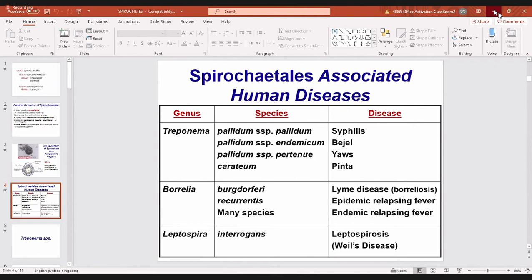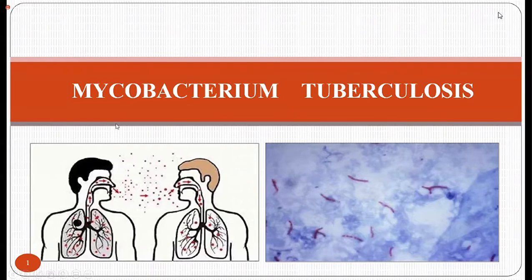Now, in relation to TB, as I mentioned last time, it is one of the diseases common in Middle East countries and in the Gulf, and we have a vaccine against TB, which we call BCG. As I mentioned last time, it is a live attenuated vaccine made from a bovine strain of TB.